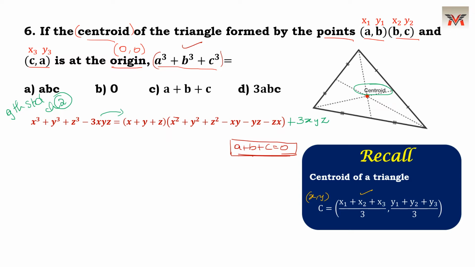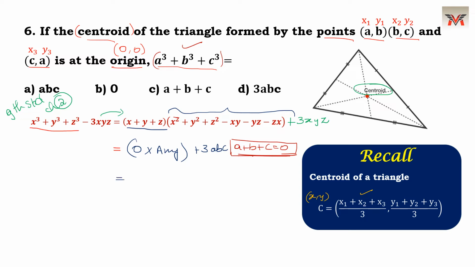Now how will you get the answer here? How can you simplify this? They have asked you for only this one, that's why I've taken 3xyz to the other side. What do we already have? We already have x + y + z, that is a + b + c, which is equal to 0. So 0 into any value gives you 0, plus 3xyz. Here x, y, z are nothing but a, b and c.